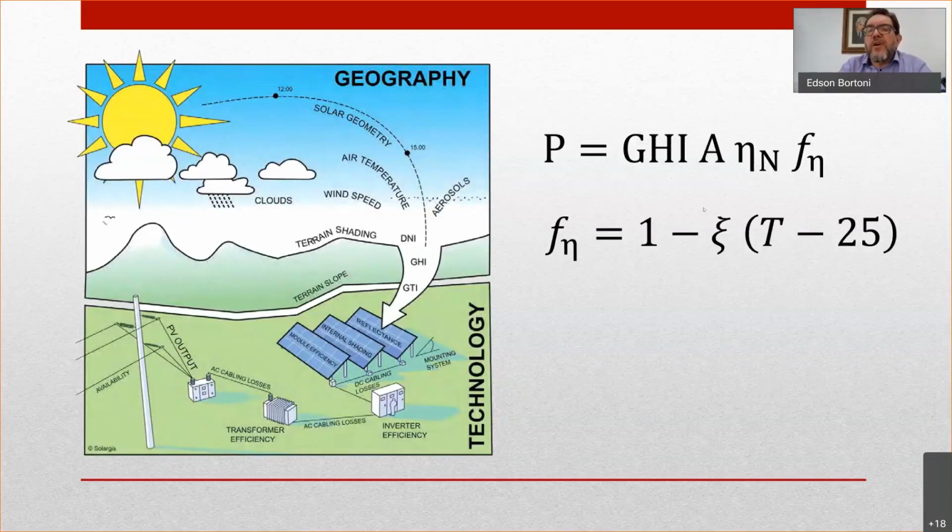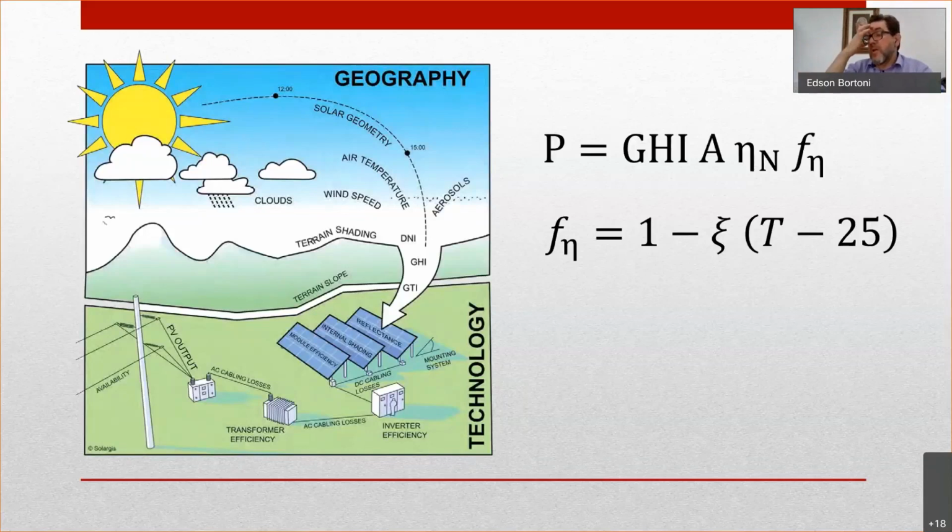The rate of variation is about 0.5%. It means that there is a variation in the efficiency of 0.5% for each degree.